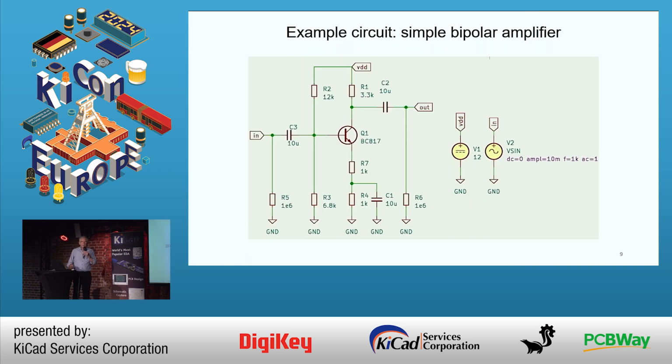Well, I will do a small, simple example, because, of course, we are starting with the simulation. So this is a simple circuit. Well, people doing analog design know what it is. It's a bipolar transistor, biased accordingly to be an audio amplifier. You have the input over a capacitor, the appropriate DC biasing, and the output here.